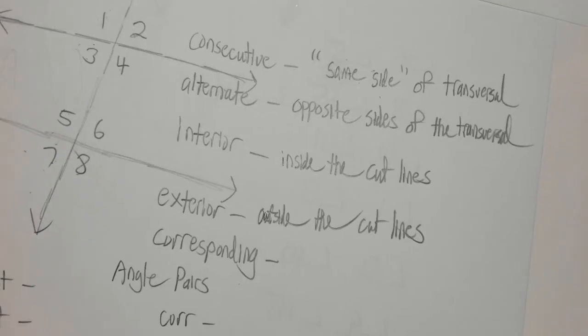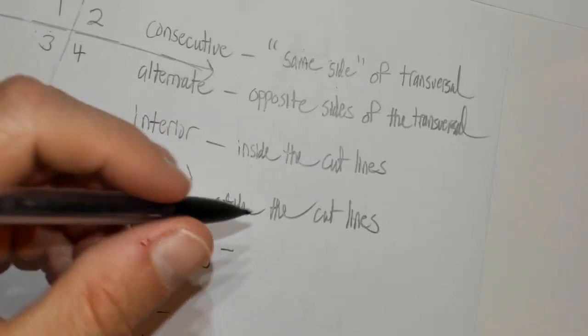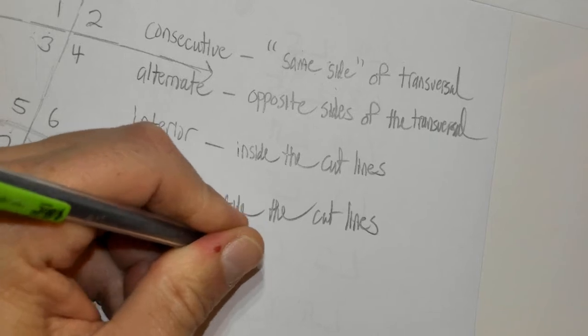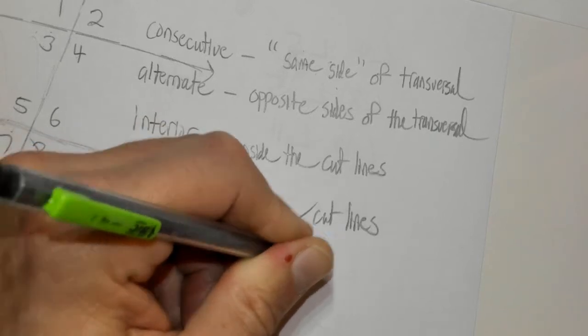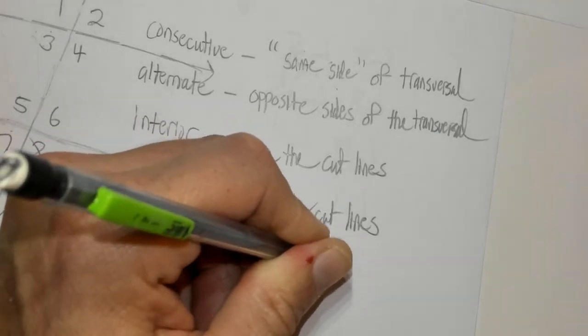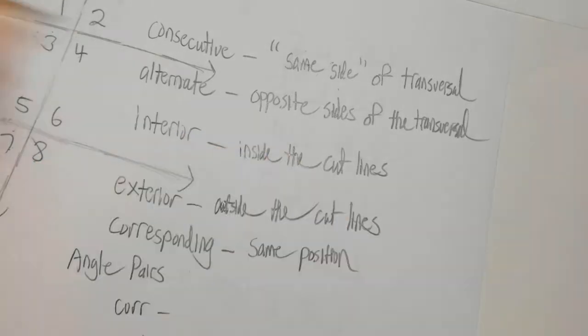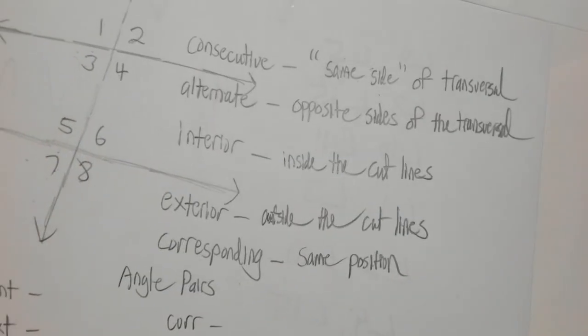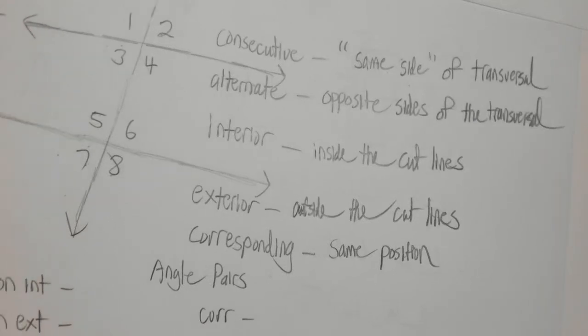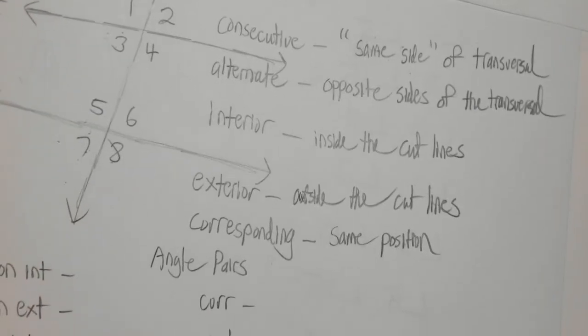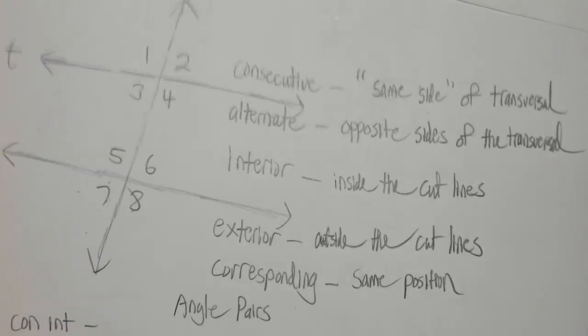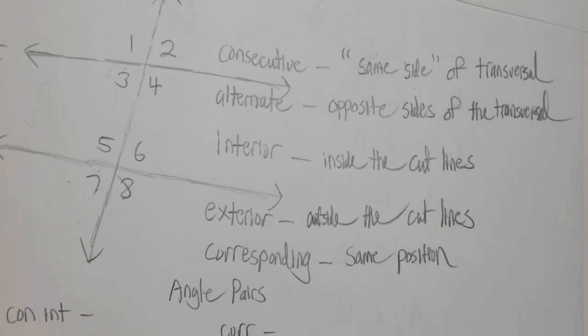Okay? And the last word, corresponding, refers to angles that are in the same position. What we're trying to do here is identify some angle pairs.